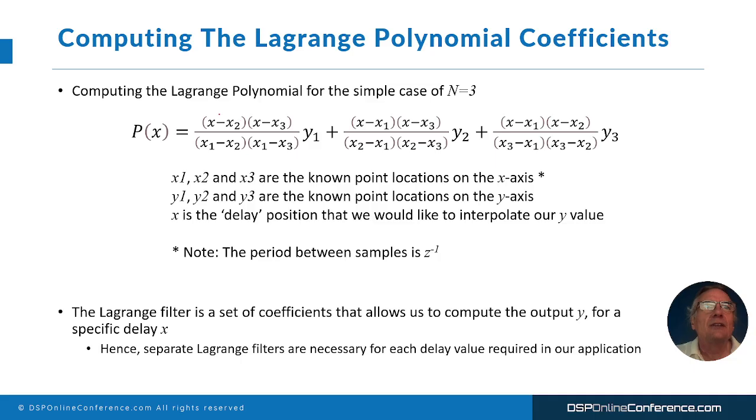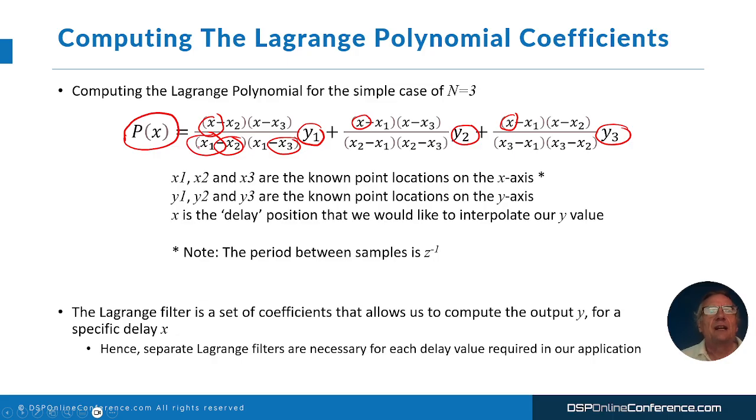So if we have a given set of known input points, x1, x2 and x3, and given output points y1, y2 and y3, then using these equations for a given input value of x, we can compute the polynomial to compute the interpolated point at this position px.